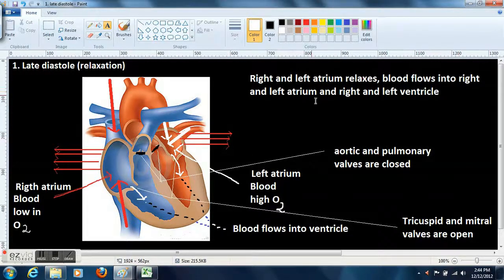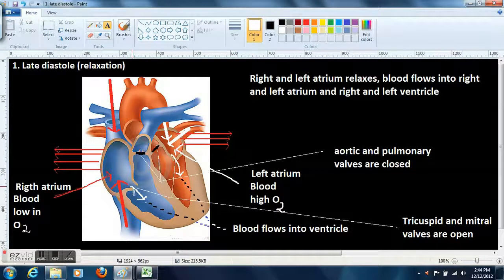I have shown the relaxation of the atrium using the direction of the arrow. When the direction of the arrow is outwards, that means it is a relaxation. As a result, blood flows into the atrium, which I have shown with a bold arrow on the left hand side and a white arrow on the right hand side.